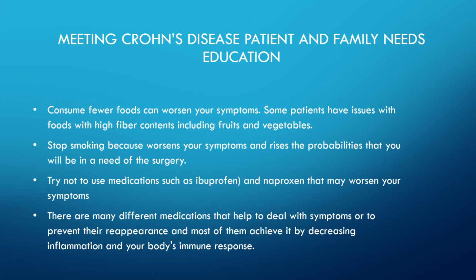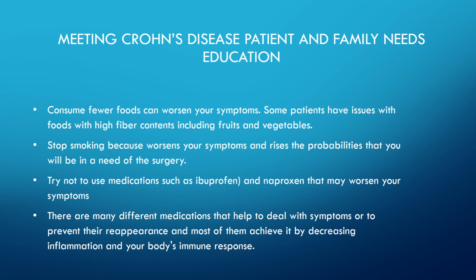So, finally, the education includes that the patient needs to consume fewer foods that can worsen their symptoms. Some patients have issues with foods with high fiber content, including fruits and vegetables. It is important to stop smoking because it may worsen the symptoms and increases the probability that there is going to be a need for surgery.